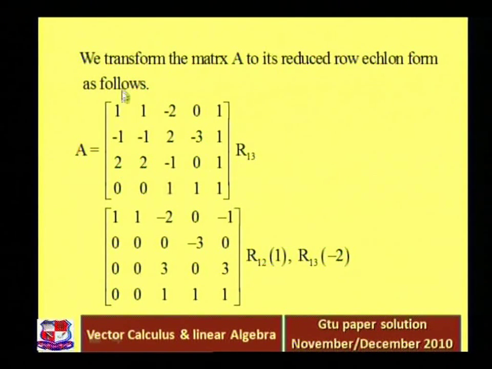Then 2 minus 2 0, then 2 minus 2 0, minus 1 plus 4, so you will get 3, then 0 minus 2 into 0, so you will get 0, and then 1 minus 2, so you will get 3 here, and then the fourth row is as it is, 0 0 1 1 1, okay.